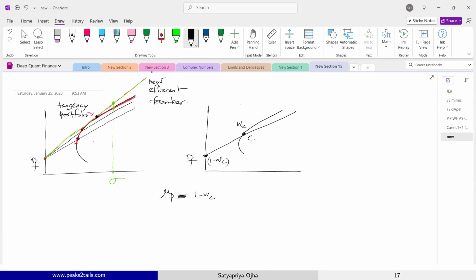So mu P equals 1 minus WC times RF plus WC times mu C, correct? Or you can rearrange and write it as RF plus WC times, this we have already derived before, taking WC common, mu C minus RF. This is the equation for mean return.